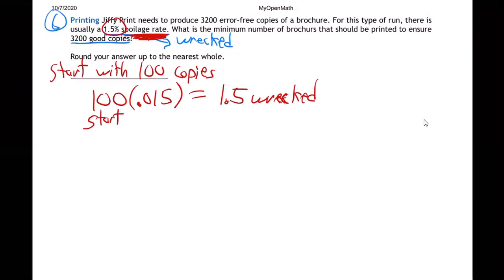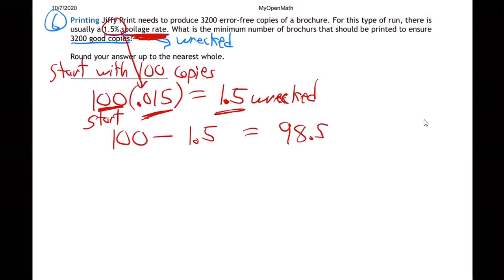Is everybody seeing that? If you started with 100 copies and 1.5% or 0.015 decimal are wrecked, that means 1.5 of your copies get wrecked. So then 100 minus 1.5 gives you 98.5 good copies, right?